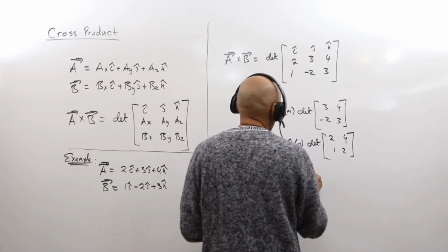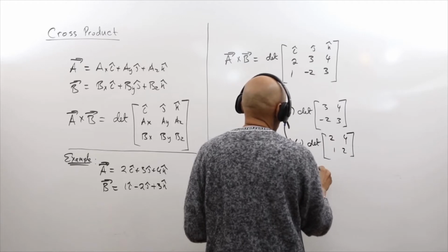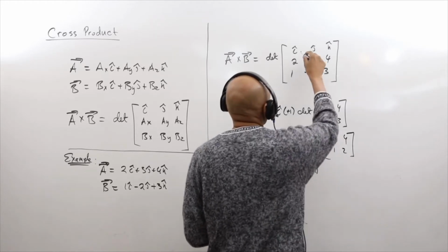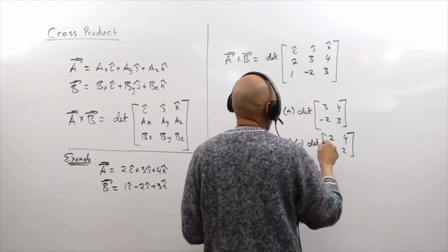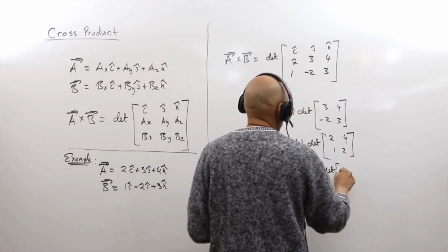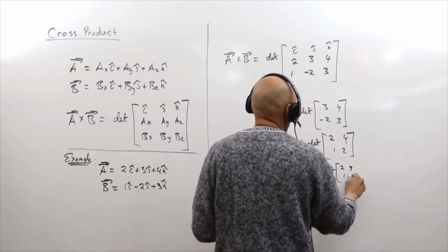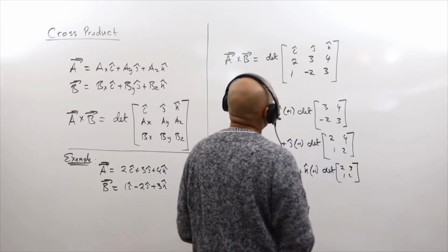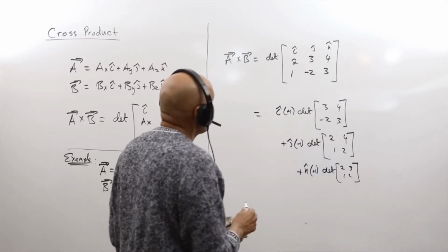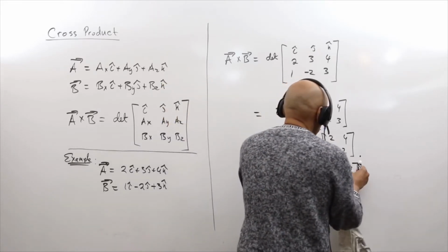And then finally k vector, it's the plus 1 sign. And we take out the row and column, we're left with 2, 3, 1, negative 2, I'm sorry.